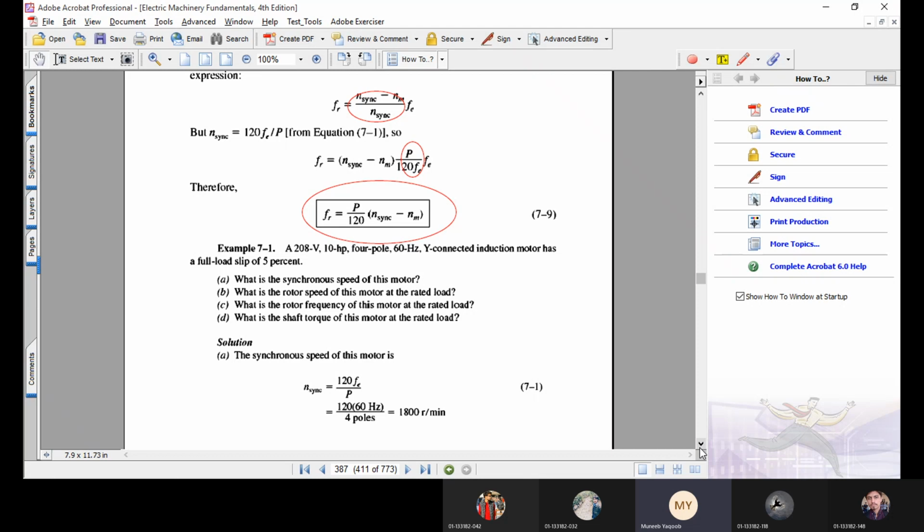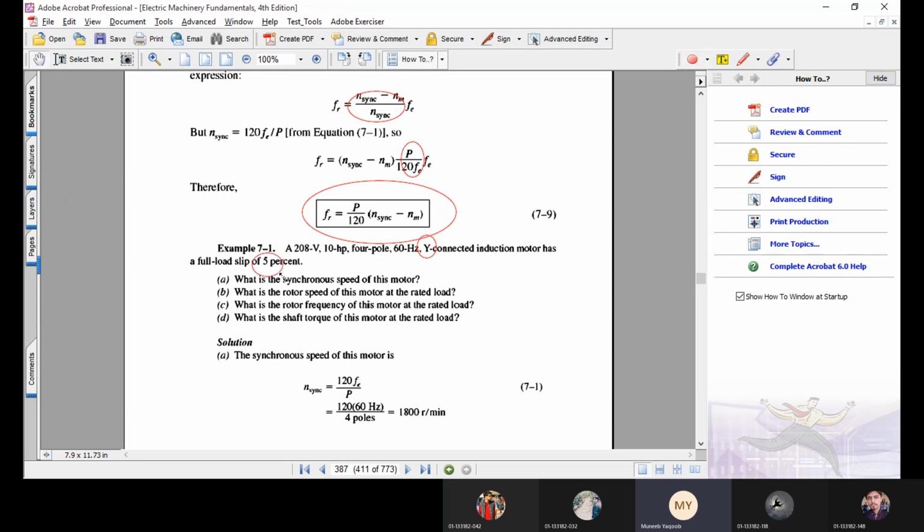It is operating at a frequency of 60 hertz, and the type of connection used for the three-phase connections is Y. And the slip at which the motor is operating is 5%. Obviously 5% means 5 upon 100, that is 0.05.